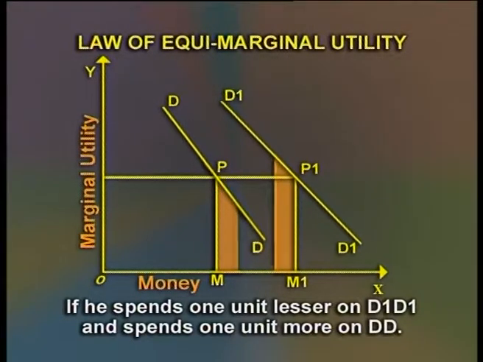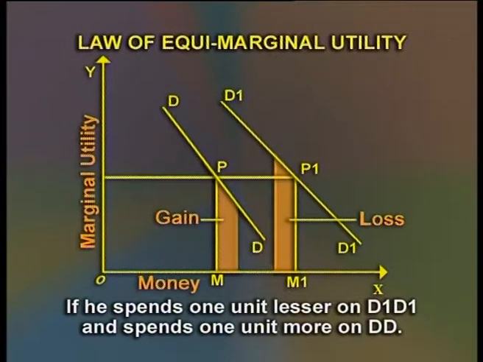In other words, the rectangle and the triangle that are formed under each of those curves due to the change in expenditure show us that when he spends 1 rupee less on D1, the loss is greater than when he spends more on DD. He has a gain, but the gain is lesser than the loss.